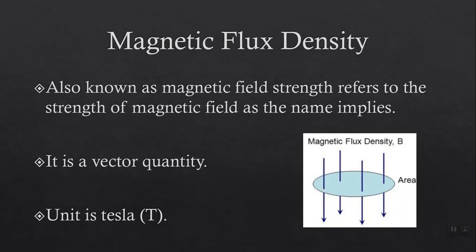That we call magnetic flux density. In a unit area, the number of magnetic field lines present which are perpendicular to the unit area, that is what we call magnetic flux density.